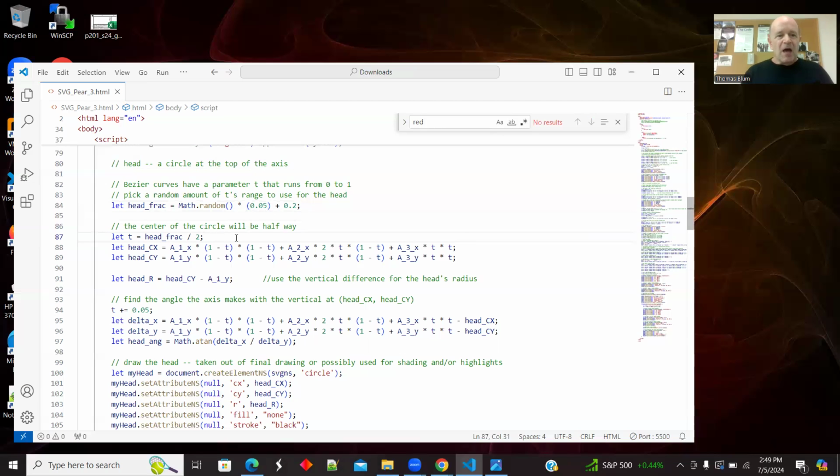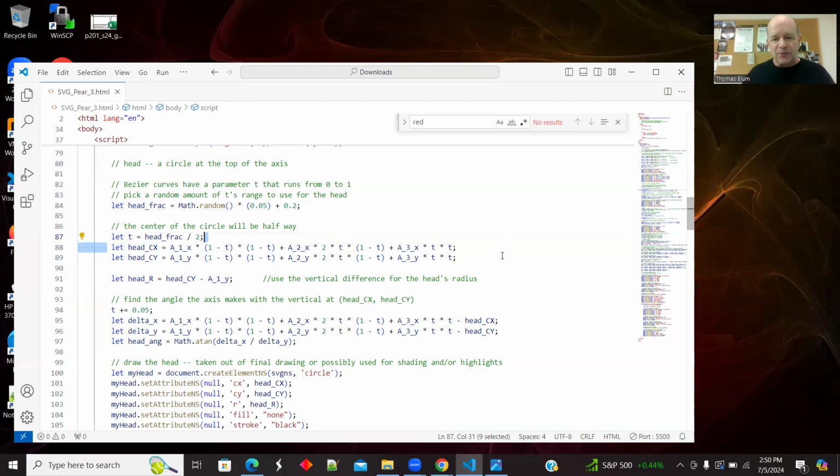Okay. Now I actually wanted to find half of that because that's going to be the amount that the head's going to take up, but I'm looking for the center of the head. And so I took half of that. So I found the t at half of that fraction.